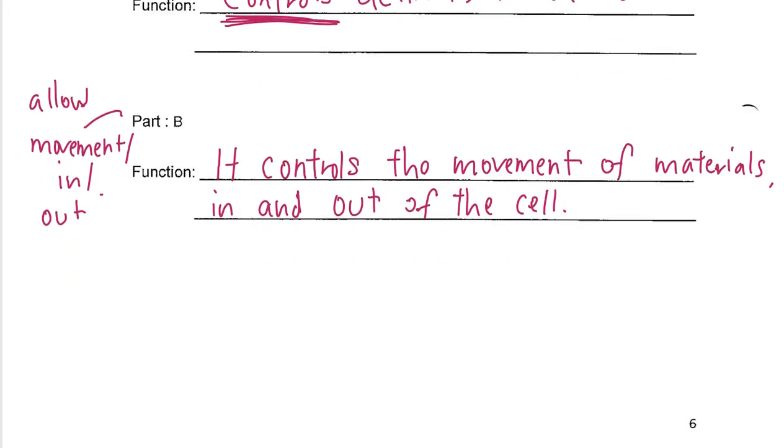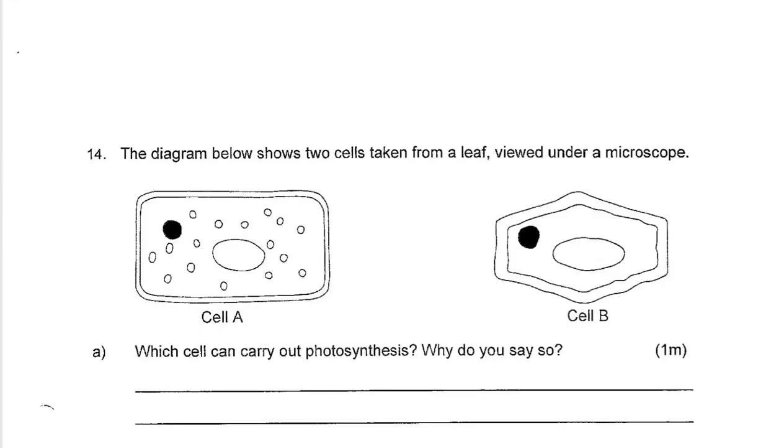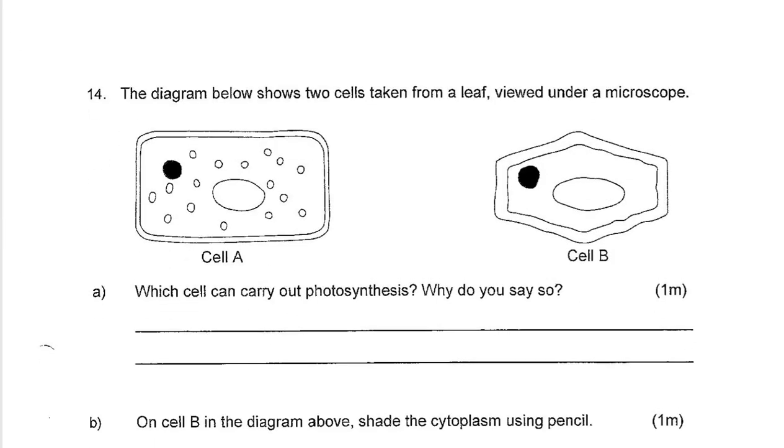Alright, let's move on. Okay, we're moving fast. Which cell can carry out photosynthesis? Is it A or is it B? Again, let's make your choice. Alright, why do you say so, I will explain. So let's make our correct choice first. A is the correct choice. Why is that so? Let's look at evidence.